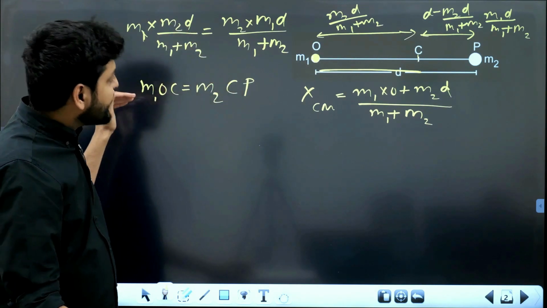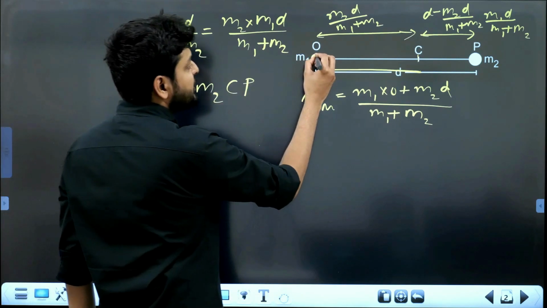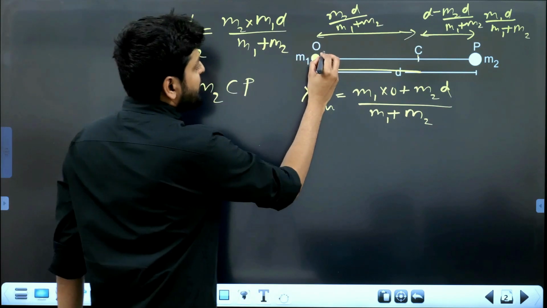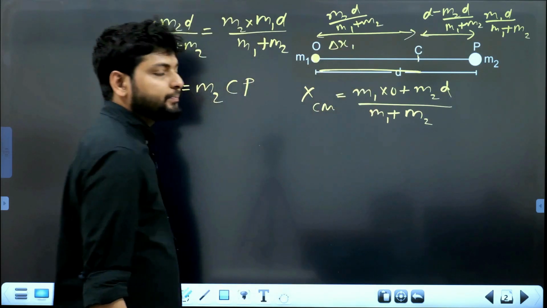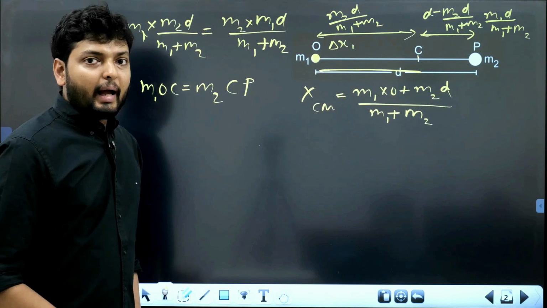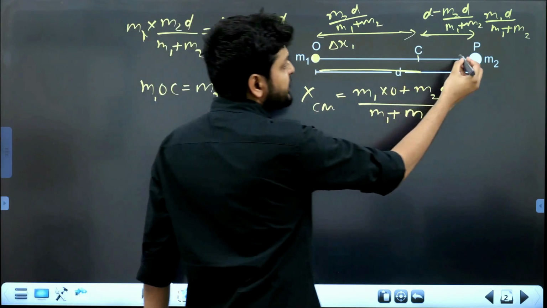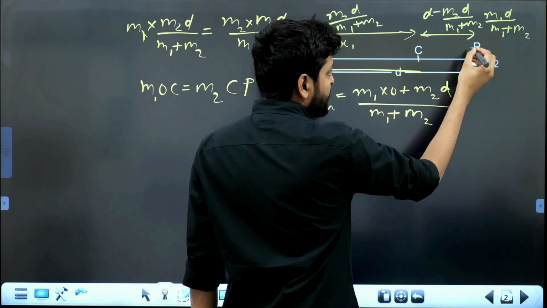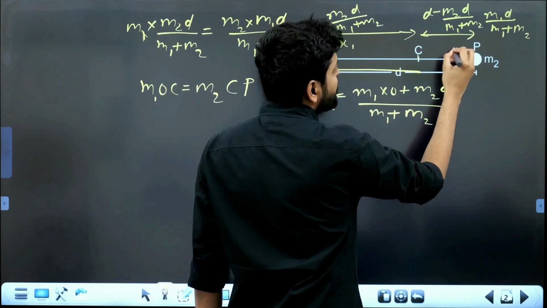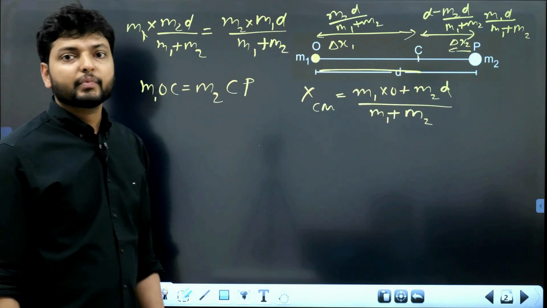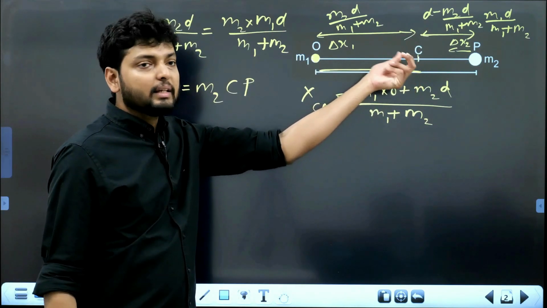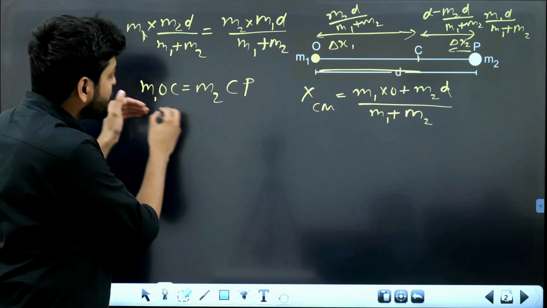Now from this I can say that if I move m1 to the right by, say, delta x1, I can find out by what quantity I have to displace m2 so that the center of mass does not change. If the center of mass does not change, then the new distances will also obey this law.